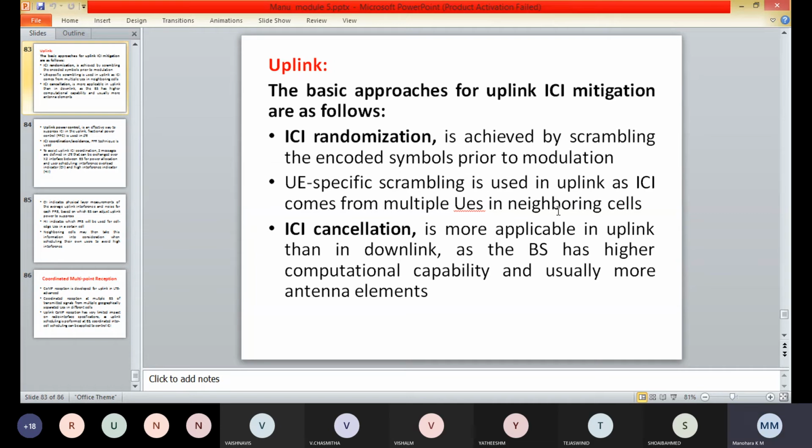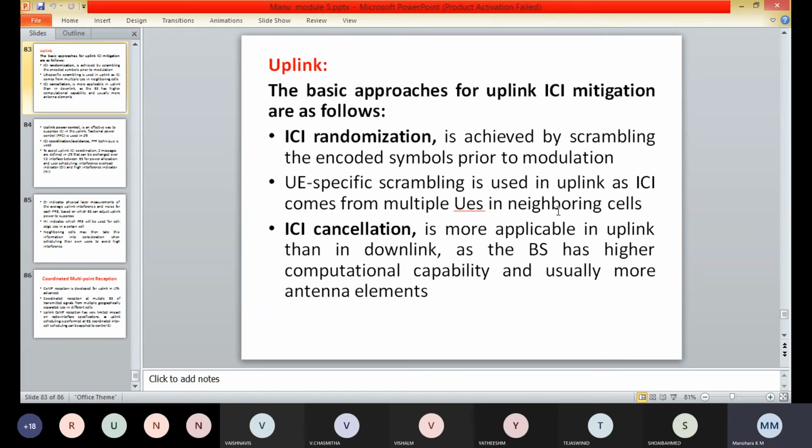ICI cancellation is also similar to the downlink, but it requires higher computational capability and usually more antennas.